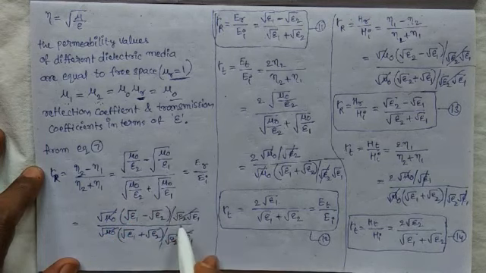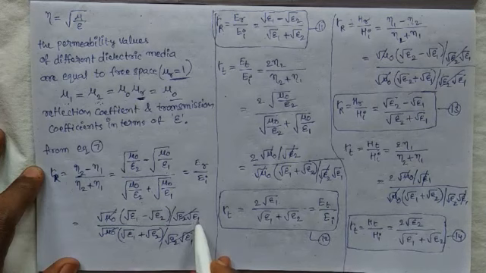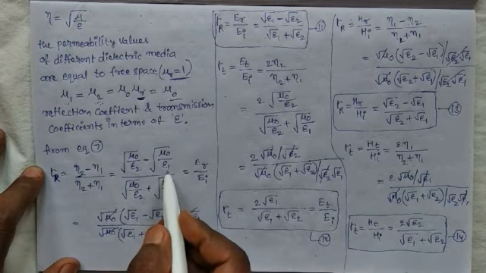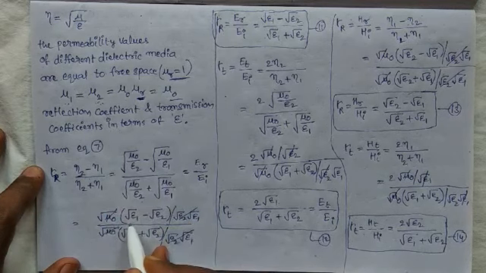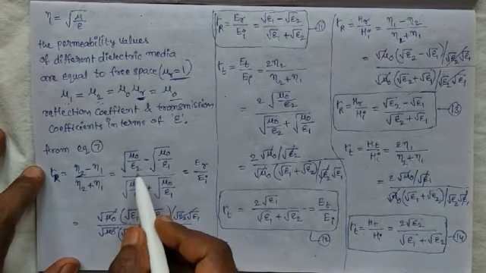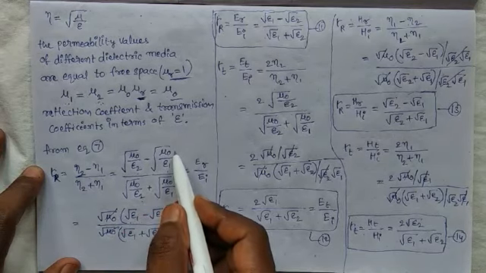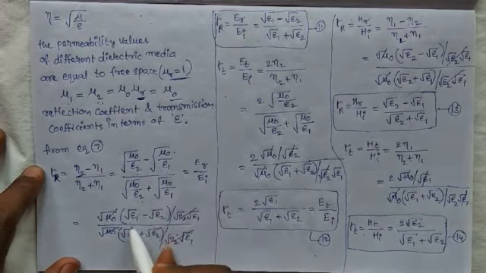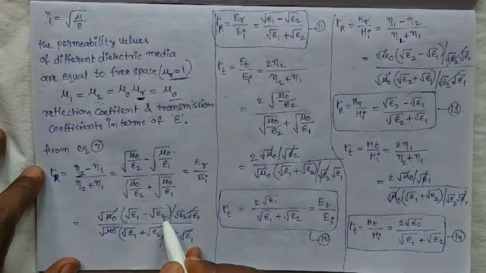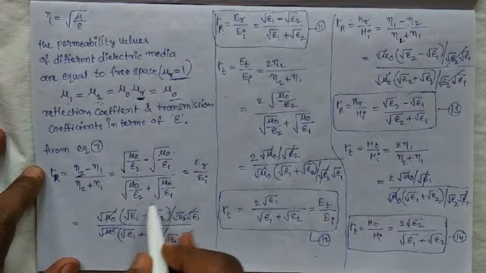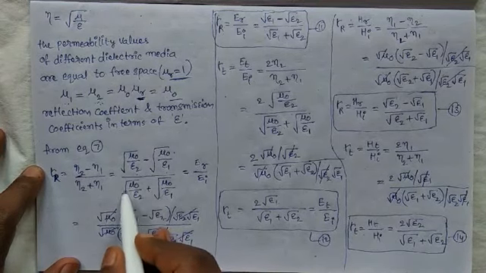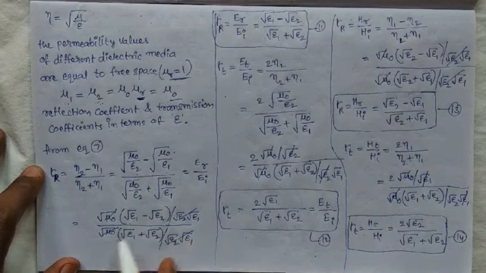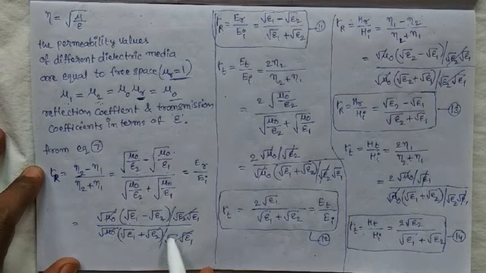The LCM is root epsilon 2 into root epsilon 1. Here root epsilon 1 is multiplied with 1, and root epsilon 2 is multiplied with 1, giving root epsilon 1 minus root epsilon 2. In the denominator also we take root mu naught common and perform the LCM, which is the square root of epsilon 2 epsilon 1.